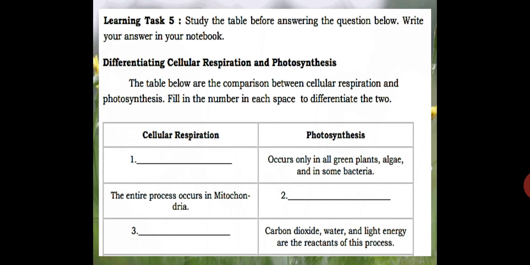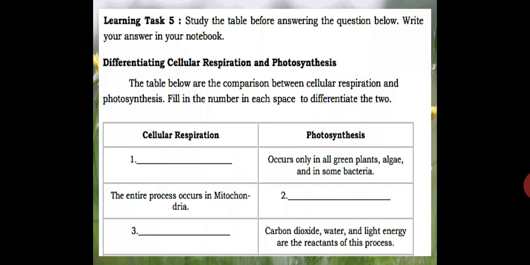Okay, number 1. The number 1 is blank for cellular respiration, while on the other hand, on photosynthesis, it occurs only in all green plants, algae, and in some bacteria. So, ilalagay nyo yung comparison by filling up the numbers that is being asked to you.